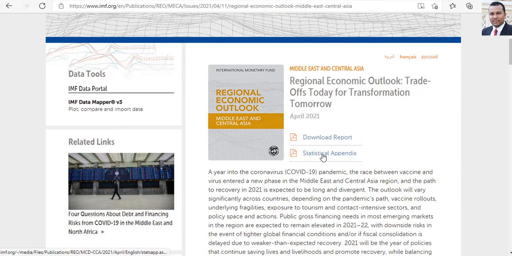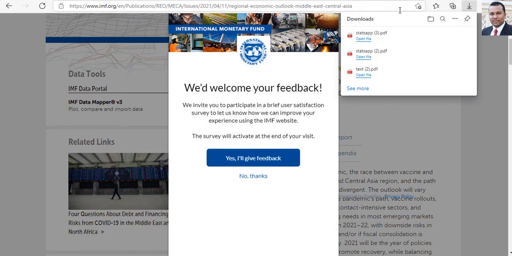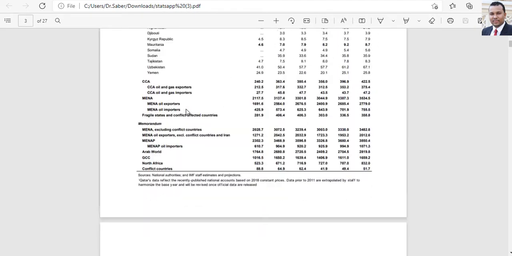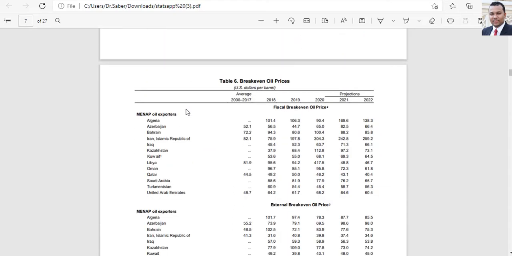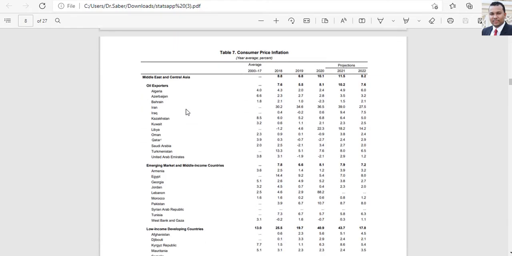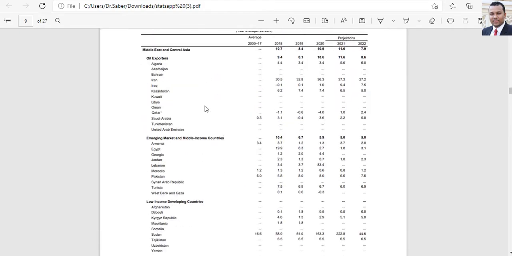We will talk the same, in the report we compare between Egypt, and we will focus on the values in Egypt. Appendix, Egypt. Consumer price inflation for Egypt.